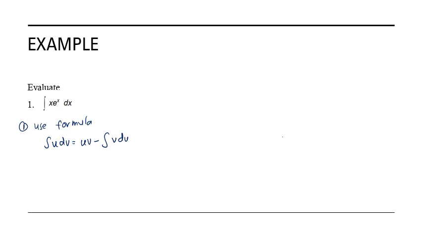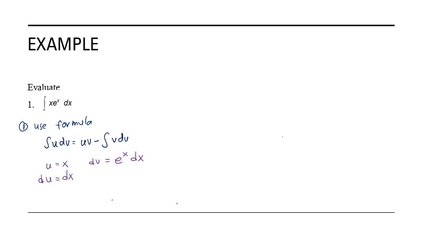So identify dulu U dengan dV. So U is equal to x. dV equal to exponent x dx. Okay, kena ambil dx sebab nanti kita nak integrate. So, kena cari apa? Step 2 du. So, du dx is equal to 1 lah kan.